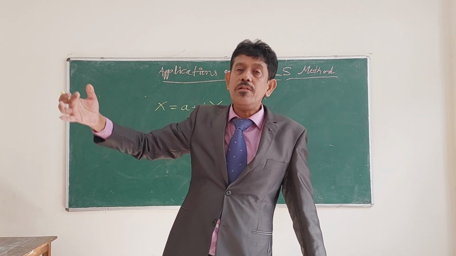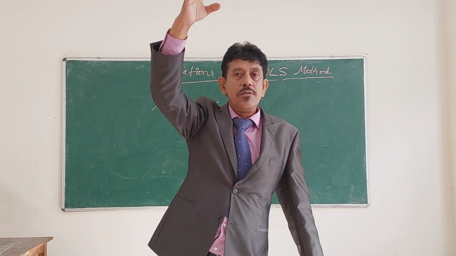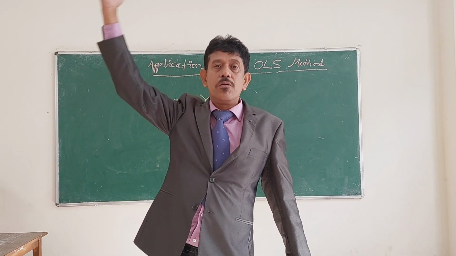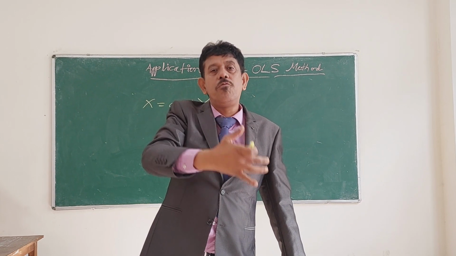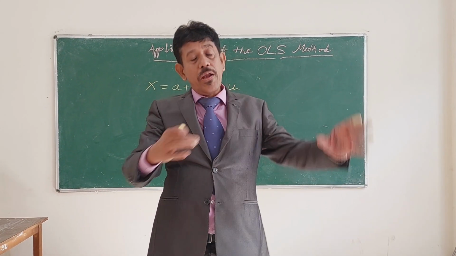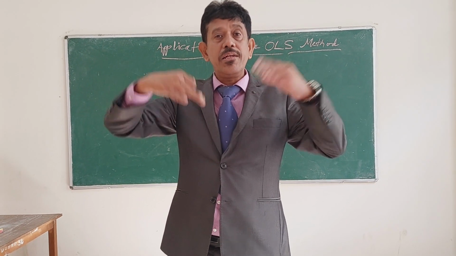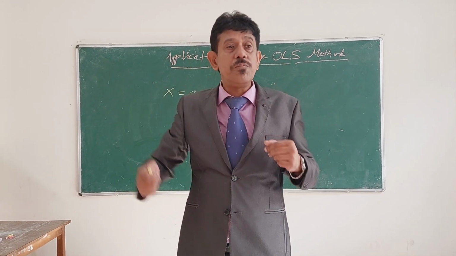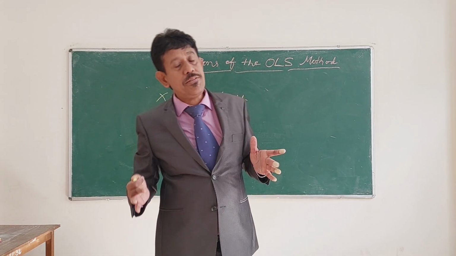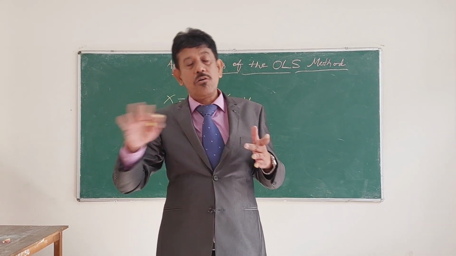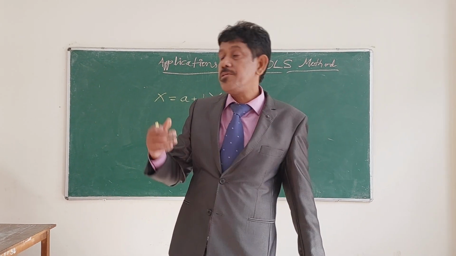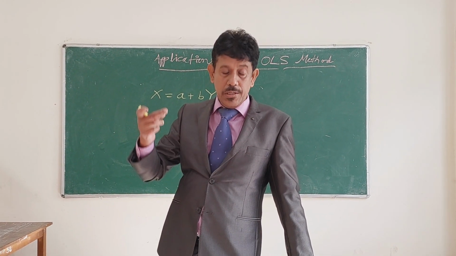For another level, consumption is another. For higher income levels, consumptions are higher. For lower income levels, consumptions are lower. So different scatterness will be there, different types of deviations will be there, because human behavior is always erratic. There cannot be any uniformity in the behavior of individuals.